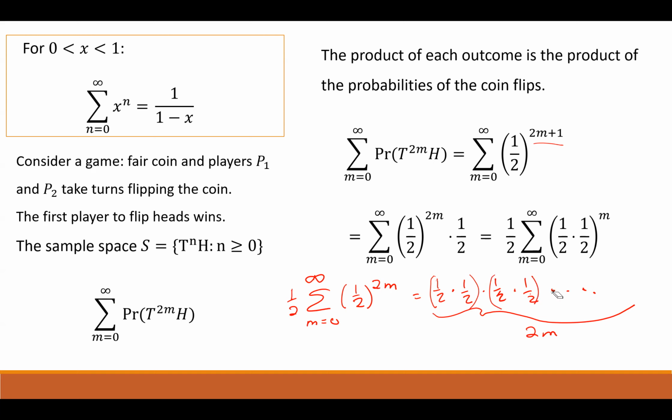So if I did something like this, then now there are m of these terms, right? And I can do this because they're all multiplied together, so I can evaluate this in any order that I like. So I'm going to take this 1/2 to the 2m, and I'm going to say that is the same as 1/2 times 1/2 to the power m.